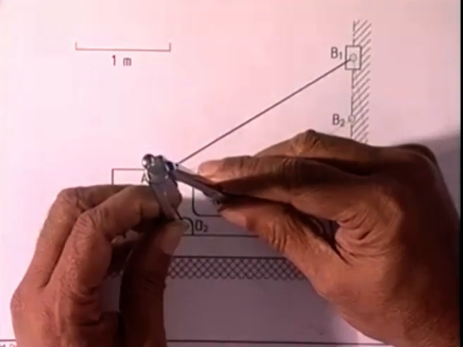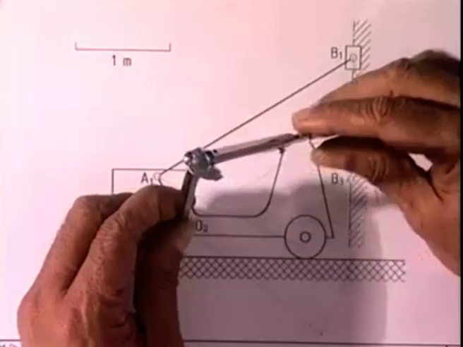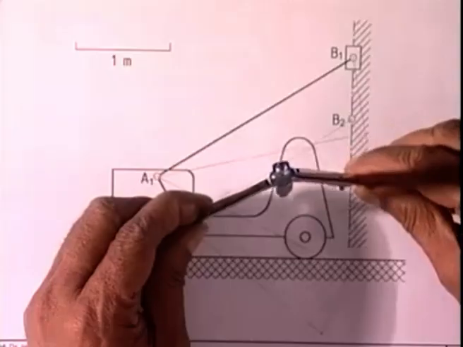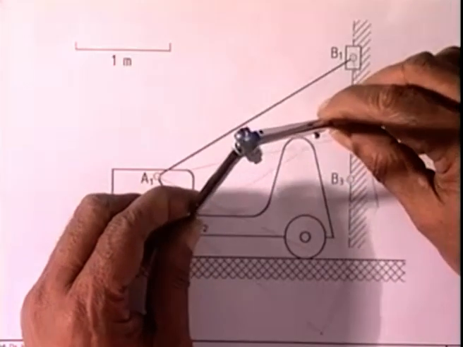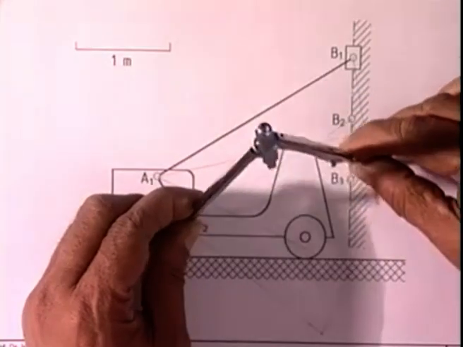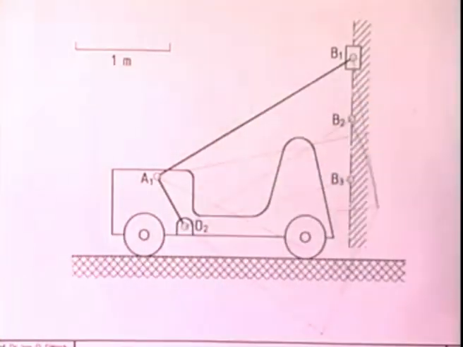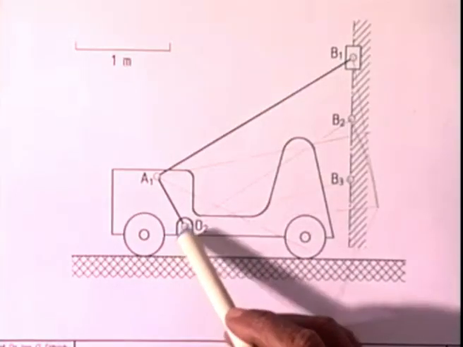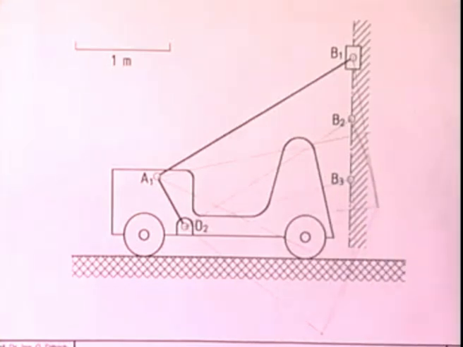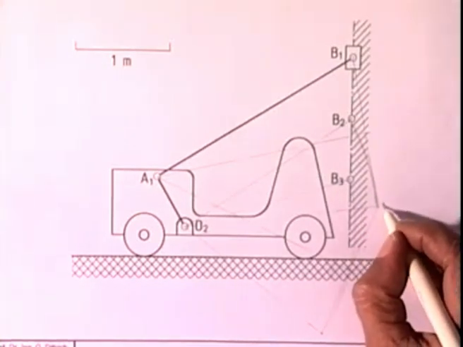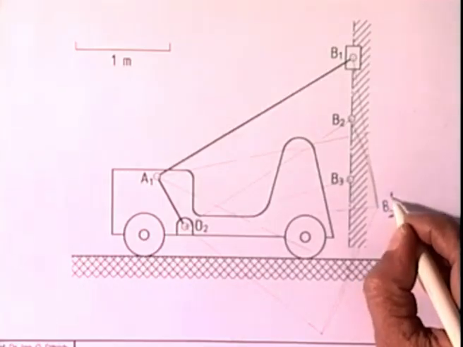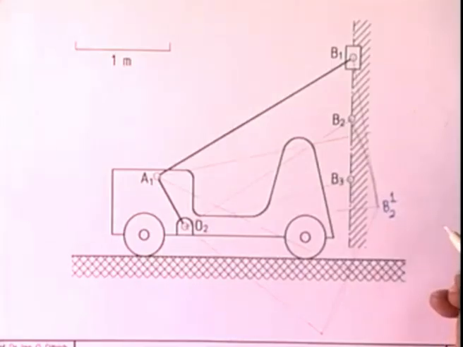If we hold the crank fixed, then we know this O2B2 has to be rotated through 26 degree, but in the clockwise direction. So we rotate B2 with O2 as center. This line O2B2 is rotated by 26 degree, and this point we call B2 inverted on the first position, or B21.